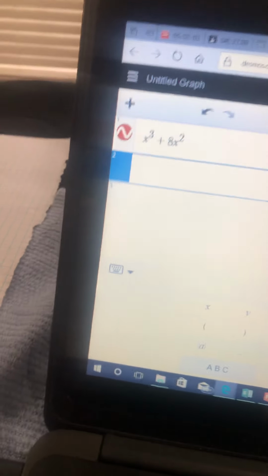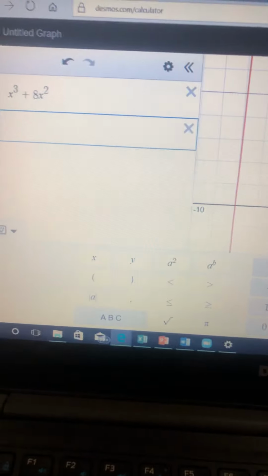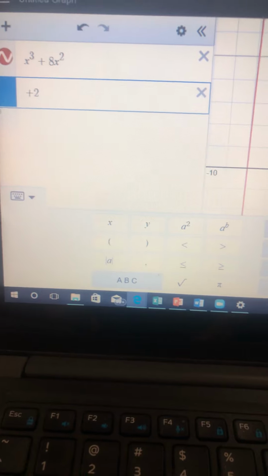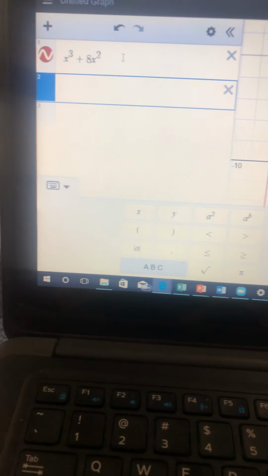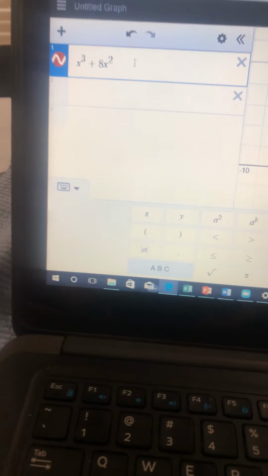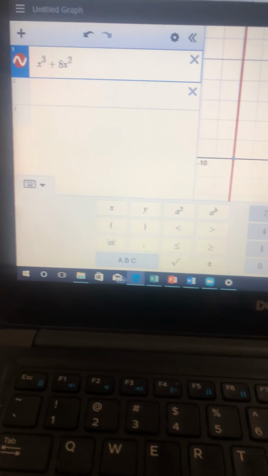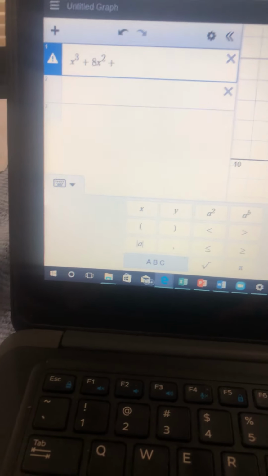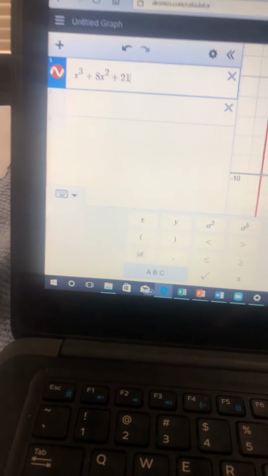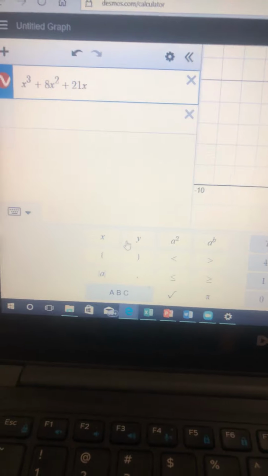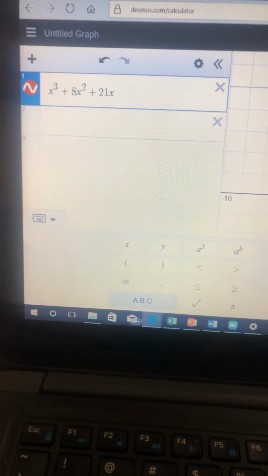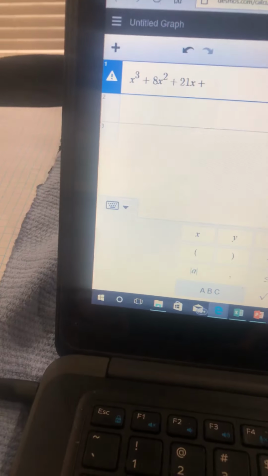Down button again, plus 21x. I can do this faster when I'm not having to hold a phone and video this. And then 18.